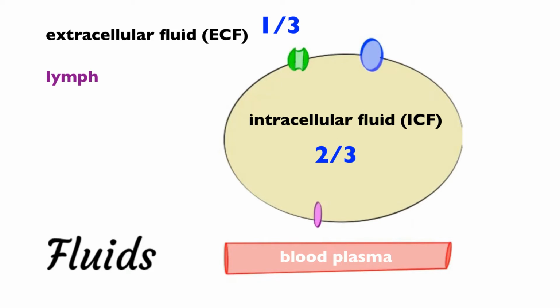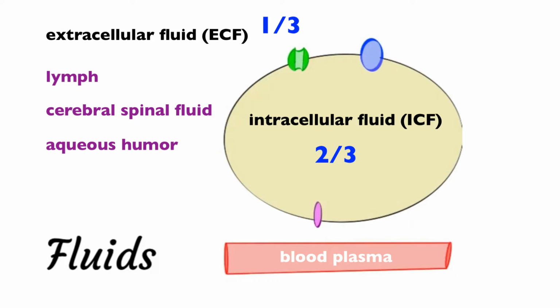That is also part of the extracellular fluid. Cerebral spinal fluid is part of the extracellular fluid. The fluids in our eyes, the aqueous and vitreous humor, and fluid in our joints, such as synovial fluid, are part of extracellular fluid.